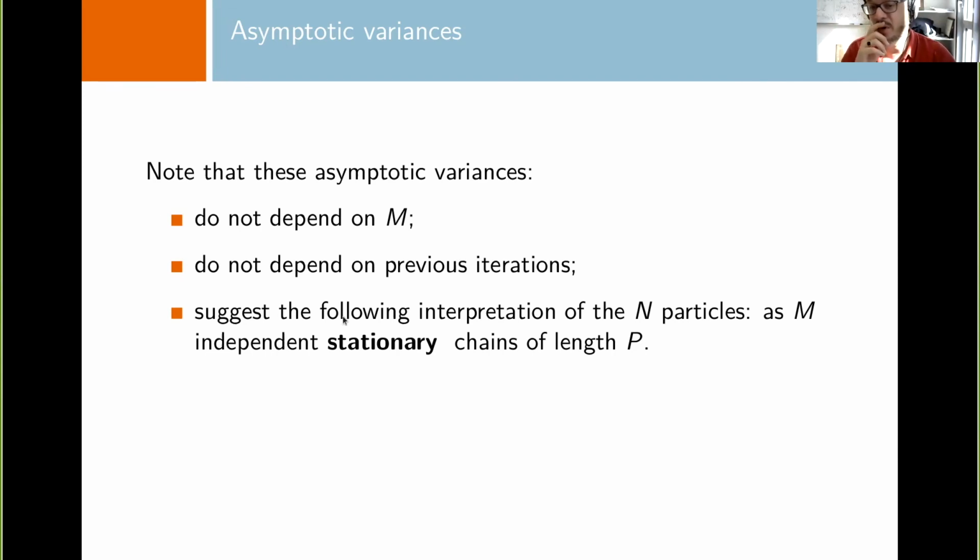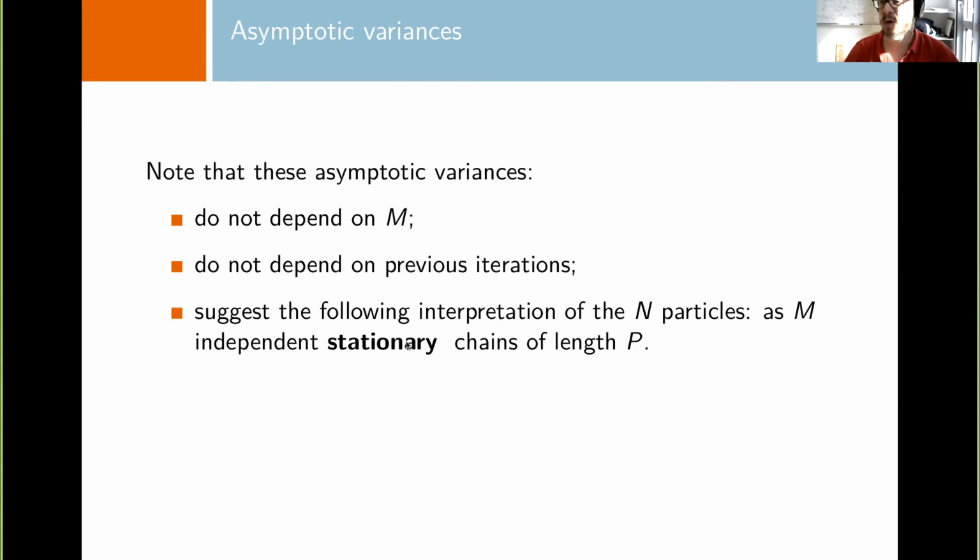It doesn't depend on the previous iteration, which is very nice because maybe you had some intermediate distribution that worked not so well. And it suggests the following interpretation. Basically, your N particles now can be seen as M independent chains of length P, which are in the stationary regime actually.